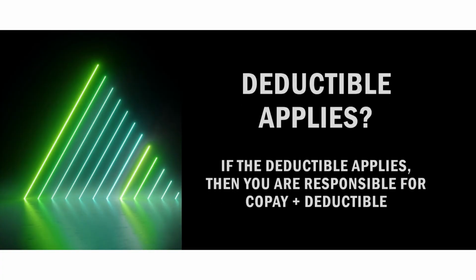Now, in most cases, we find that policies that have a copay do not also have a deductible, but you are going to find some exceptions to that rule. So you just have to dig into the finer details. And in digging into those finer details, you're going to have to identify whether or not they have terminology in your policy that says that the deductible applies.